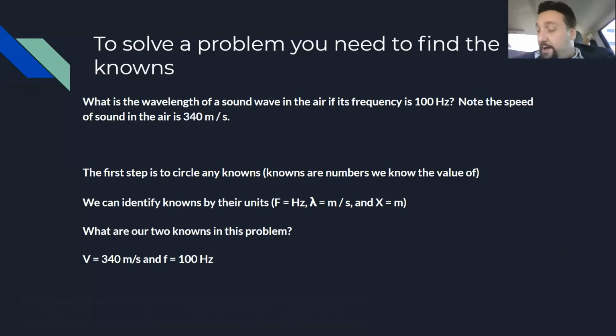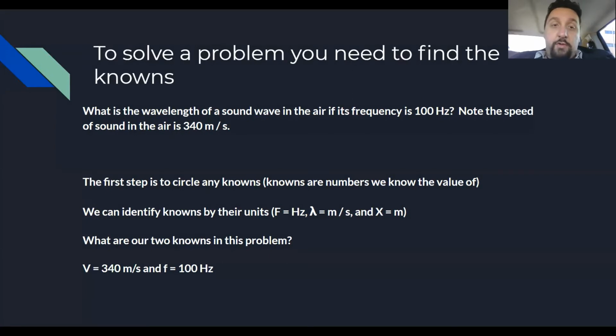Now, the first step whenever you're solving any type of problem is to find the knowns. Knowns are anything which is a term, a number with units behind it. In this case, the knowns are the 100 hertz and the 340 meters per second.